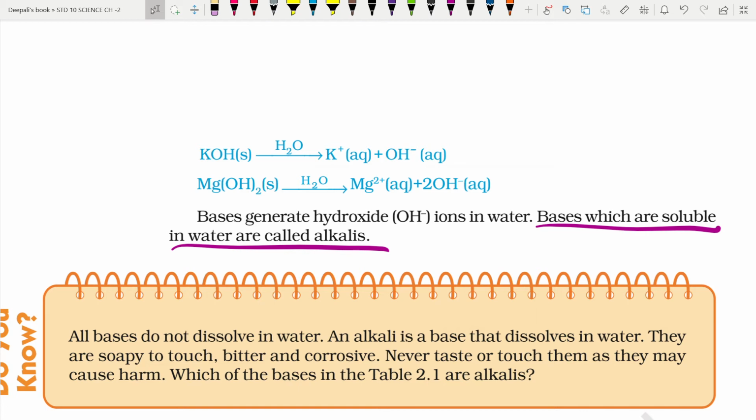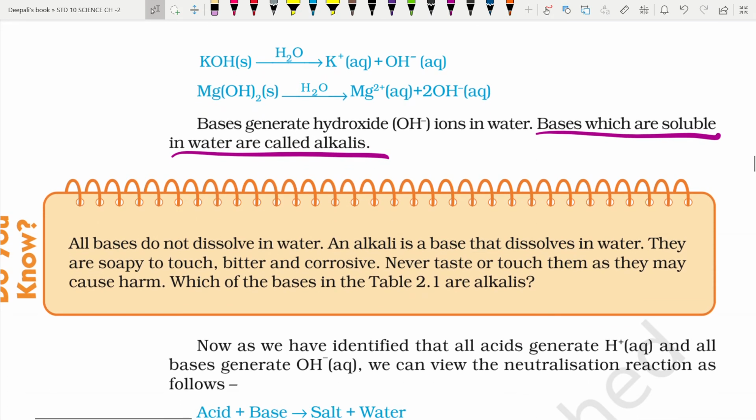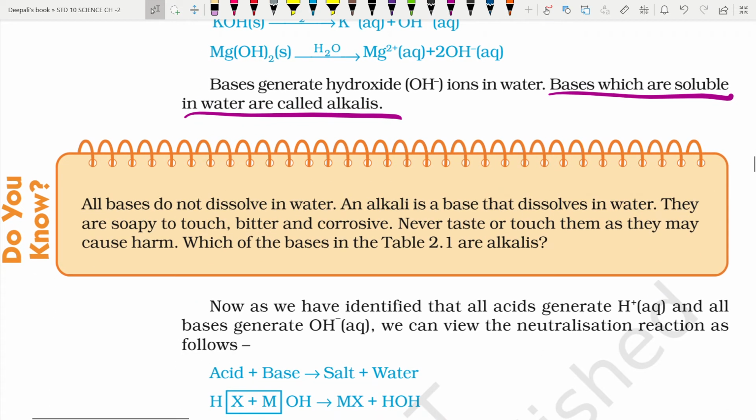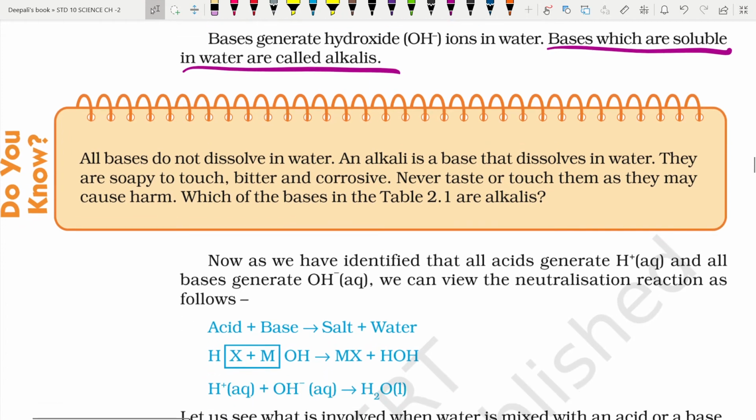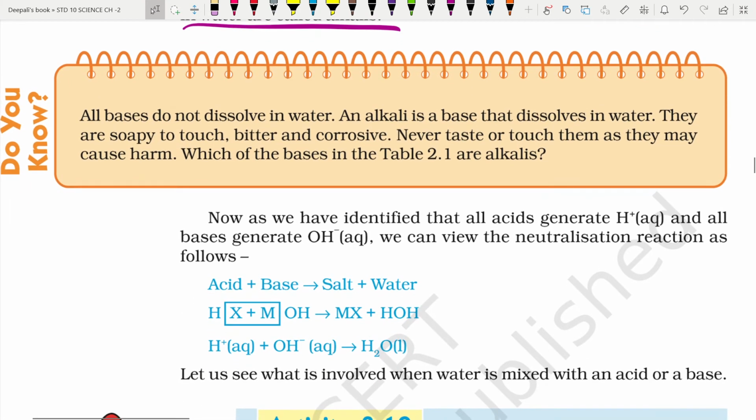Now, all bases are not soluble in water. An alkali is a base that dissolves in water, and they are soapy to touch, bitter and corrosive. Never taste or touch them, as they may cause harm.